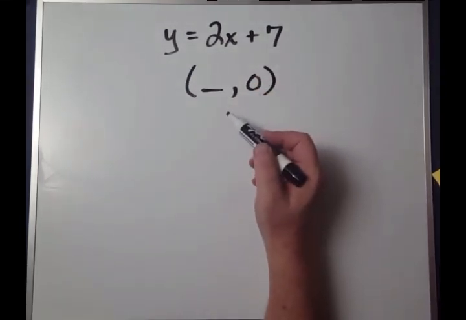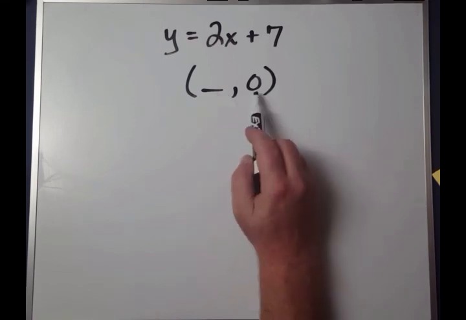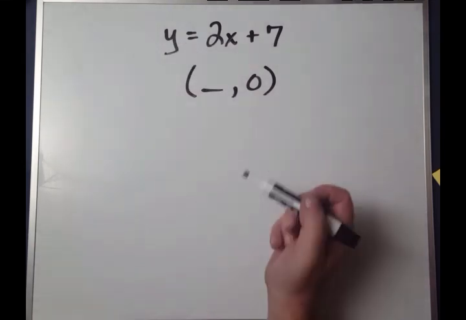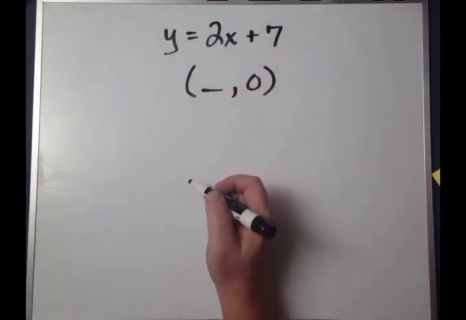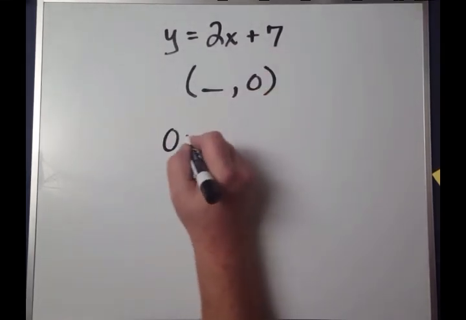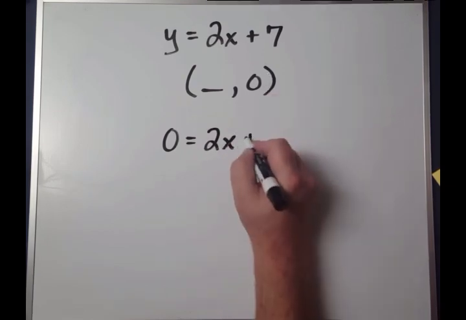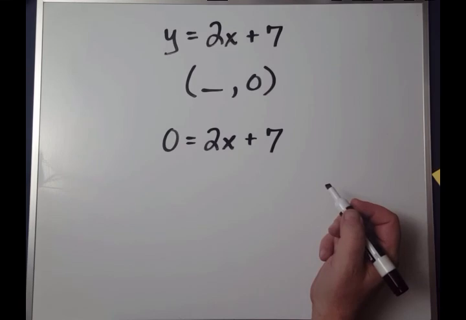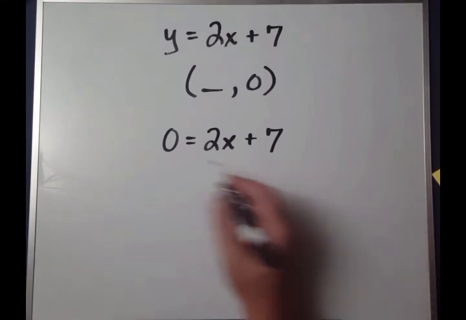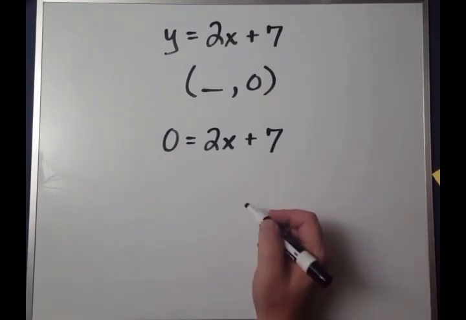This asks the question, what is x when y is 0? And how do we figure that out? We plug 0 in for y and solve for x. When y is 0, what would x have to be so that this ordered pair is a solution to the given equation? We plug 0 in for y, now we solve for x.